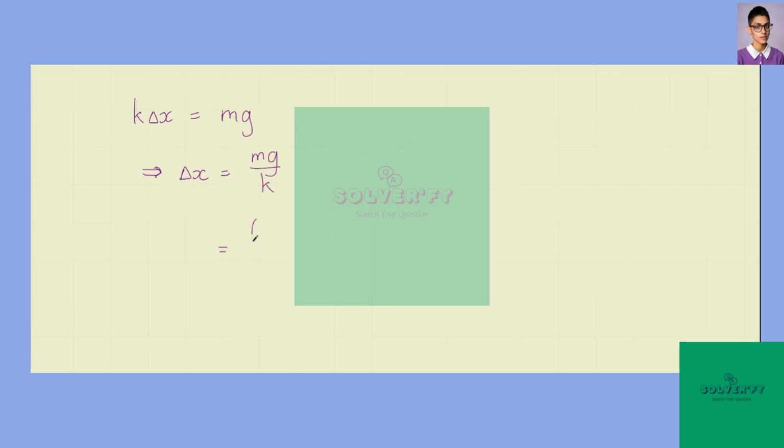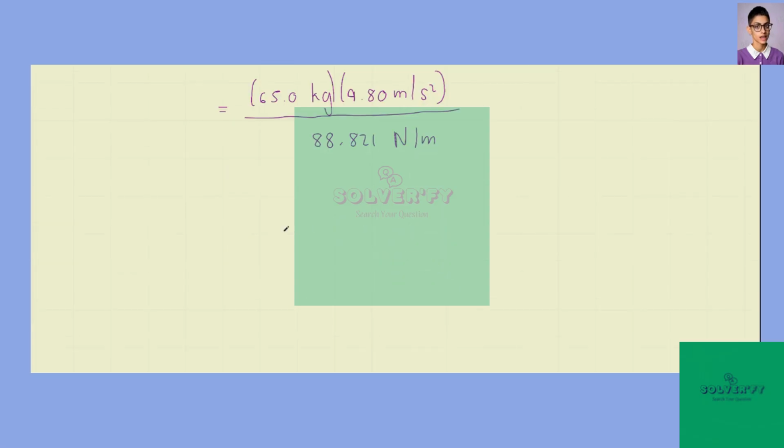And so this is 65 kg times the acceleration due to gravity, 9.8 meters per second squared, divided by the spring constant, 88.821 newtons per meter, which gives us an extension of the bungee cord of 7.17 meters.